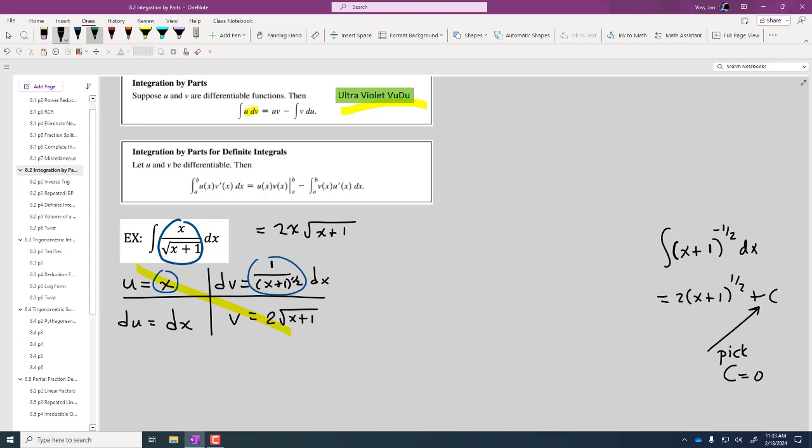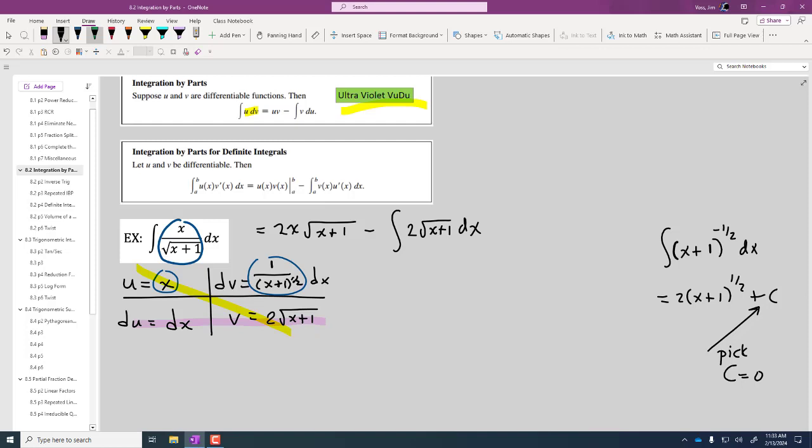So there's uv minus the integral of voodoo. Voodoo is the bottom row, right there. So v du is dx. So there is our rewriting. Ultraviolet minus integral of voodoo.